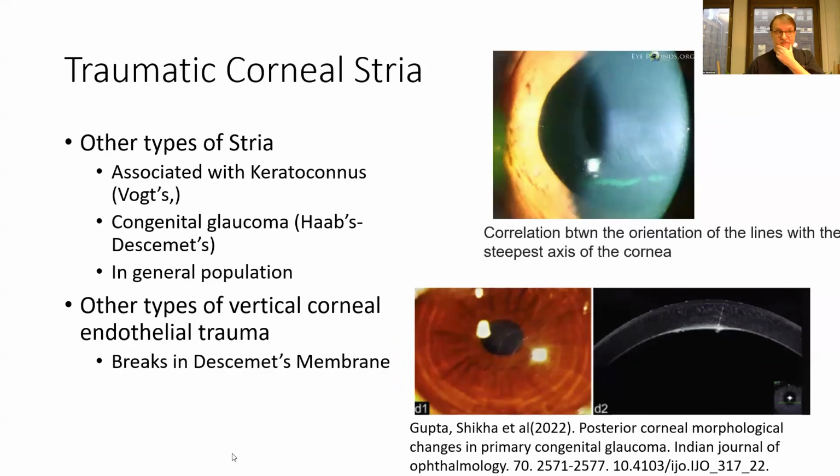So there are many types of striae, as you know, those associated with keratoconus, congenital glaucoma. Those don't tend to be just vertical, though, because the pressure on the endothelium on the back surface of the eye is in many directions. And when you see vertical ones, as you do in this case, you think about breaks in Descemet's membrane, to be sure.